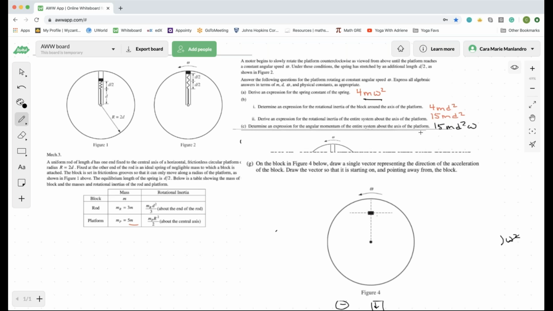Okay, so last question. What is the direction of the acceleration? If this thing is moving that way, what would my acceleration vector look like?